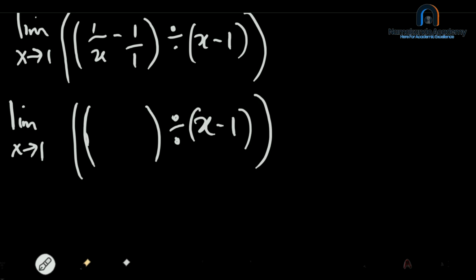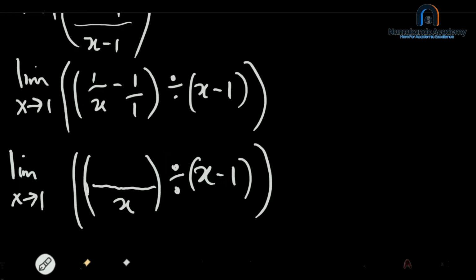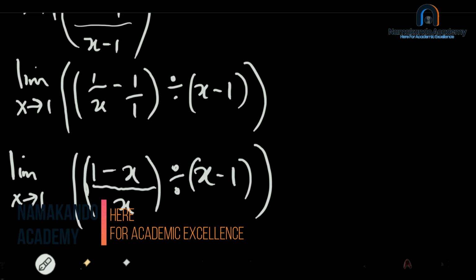So for this first one, we'll find our common denominator, which happens to be x. Now we know how to deal with this, expressing it as a single fraction. x will divide into x, and this will simply give us 1. Multiply with 1, we get 1. Then minus 1 into x will simply give us x. Multiplying it with 1, we obtain x.